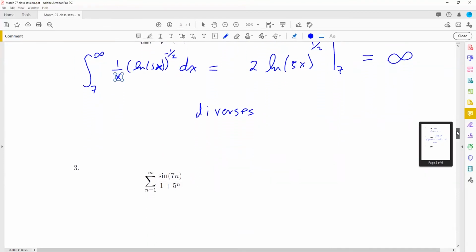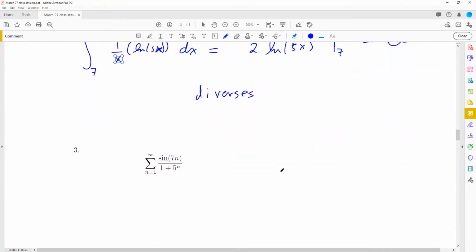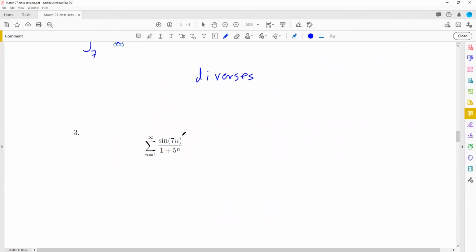Okay, so let's look at number 3. So here you have sine 7n over 1 plus 5 to the n. Okay, so what can you say about sine of 7n when you see it in this kind of situation?